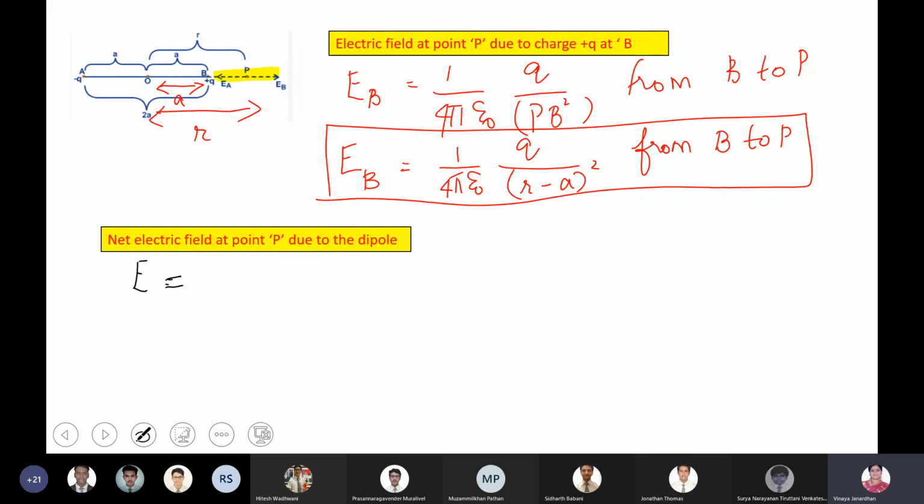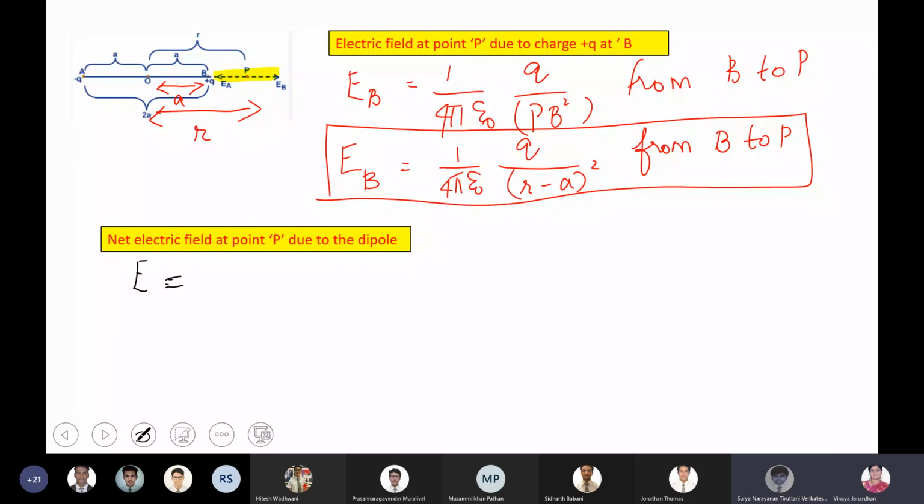Which charge is closer to the point P? Whether the charge positive Q or negative Q is closer to the point P. Closer, the strength will be more.